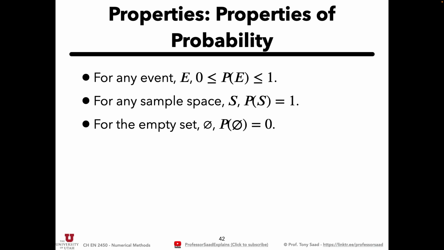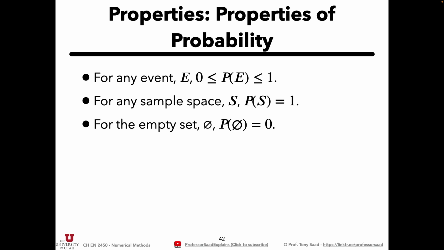For any event E, the probability of that event is always between 0 and 1, because the event, by definition, is a subset of the sample space. When you divide the number of outcomes in the event over the number of outcomes in the sample space, that is always at most 1. If your event is equal to your sample space, then you're dividing 100 over 100, you get 1. If your event contains nothing, then your probability is 0.